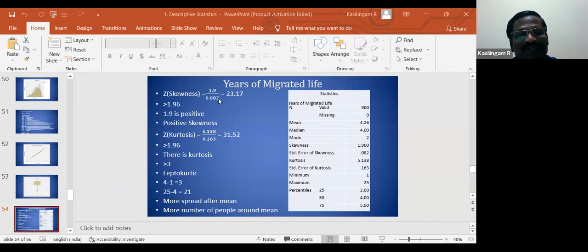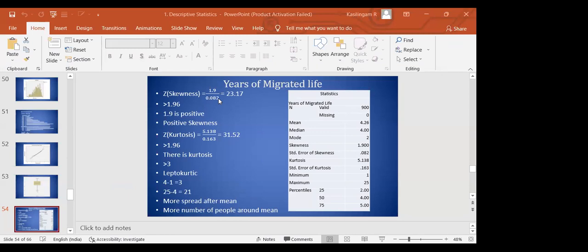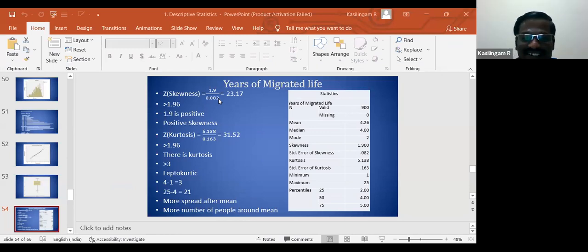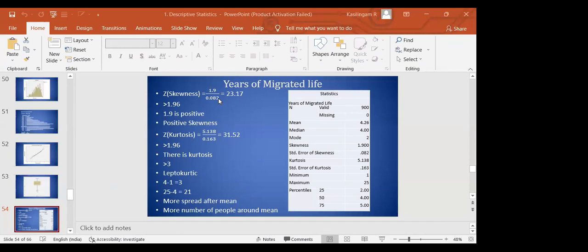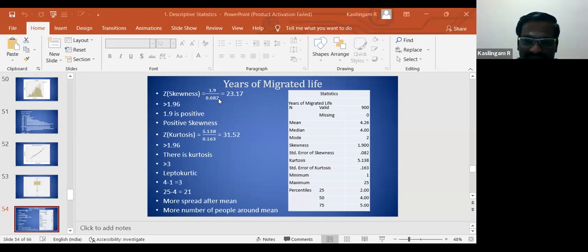What is the meaning, madam? It is more than 1.96, so we need to reject the null hypothesis and accept the alternative one. When it is the null hypothesis, there is no skewness.